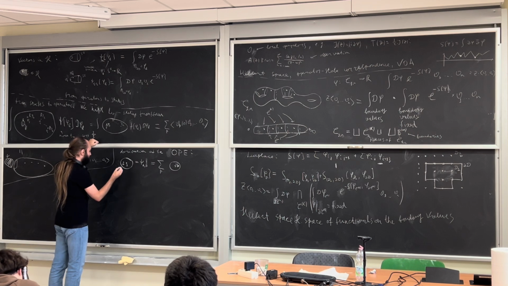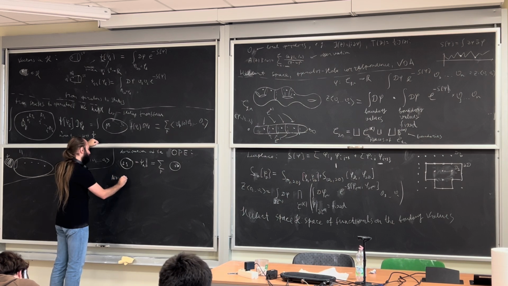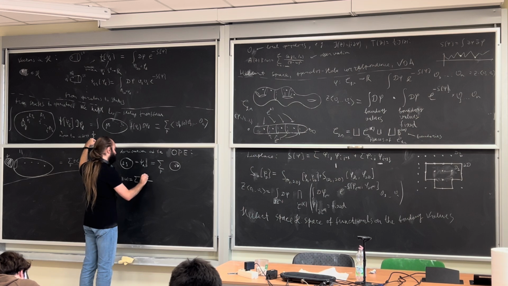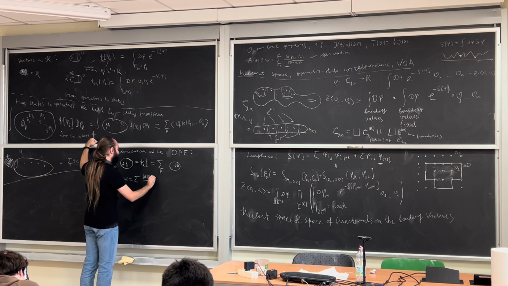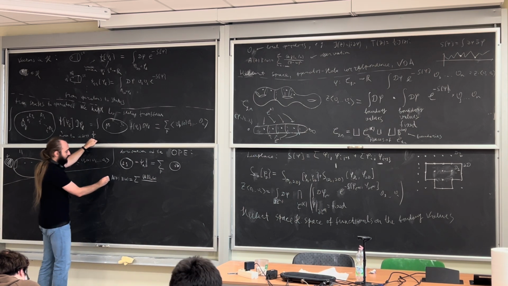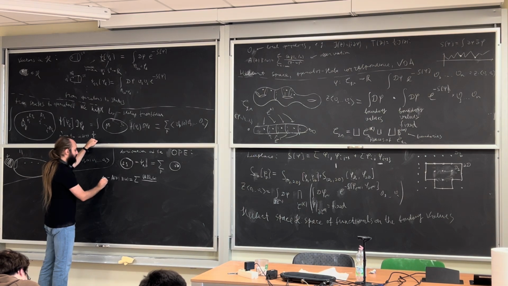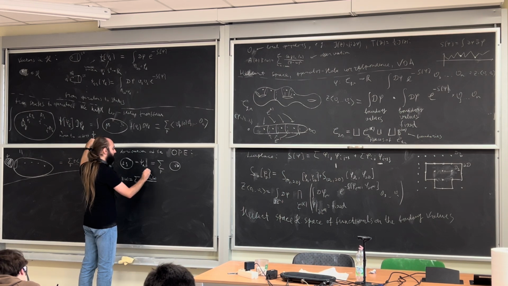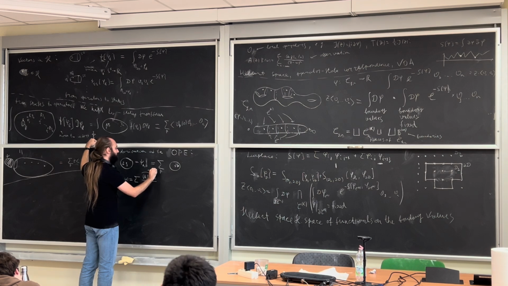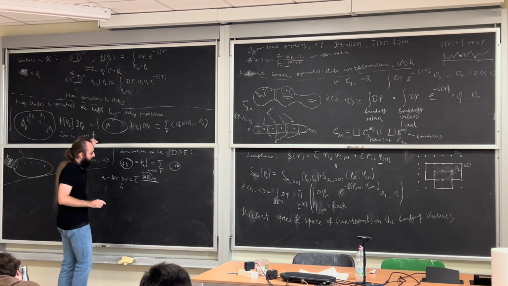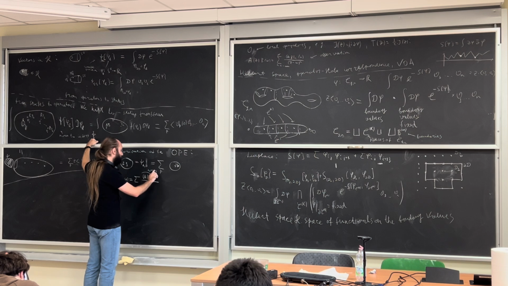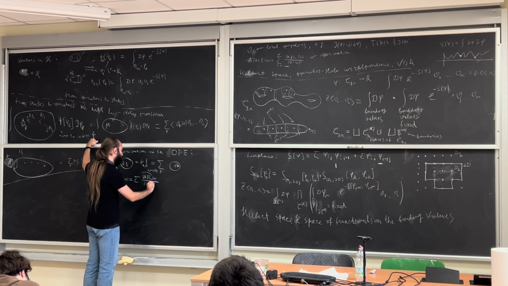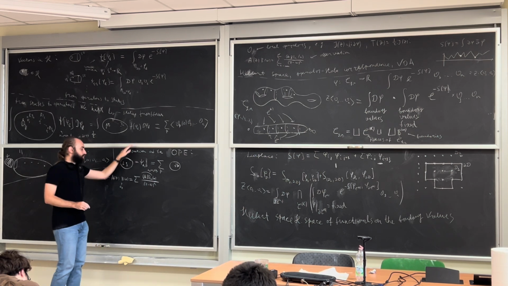So this A of z times B of w is some O_AB,n of w, and the dimension of this field is delta A plus delta B plus n. Plus n or minus n? Yeah, because here we have z minus w to the power n.